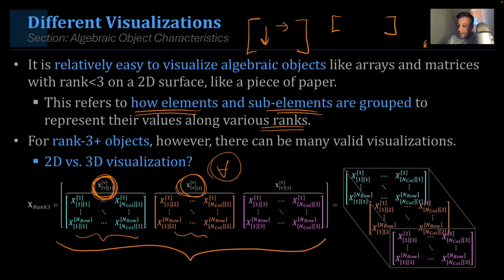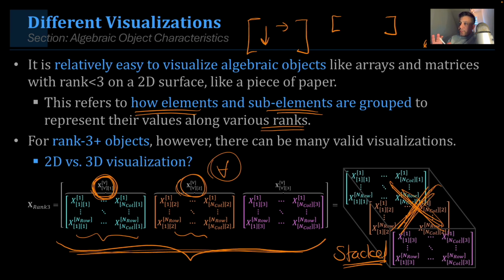Now, we can represent this as an array of matrices. We can represent it as this stacked set of matrices, or like a 3D cube type of thing. Now, I'm generally going to stay away from this type of representation for one reason, and that's because we want to keep a strong separation between covariant and contravariant ranks, and with the 3D, it can be difficult to keep them separate.